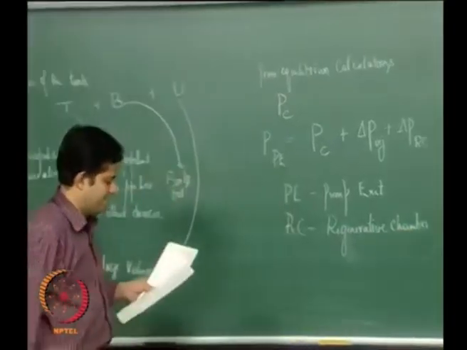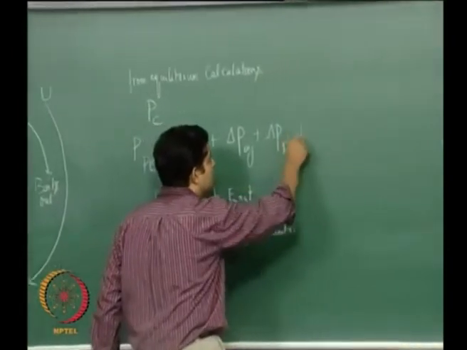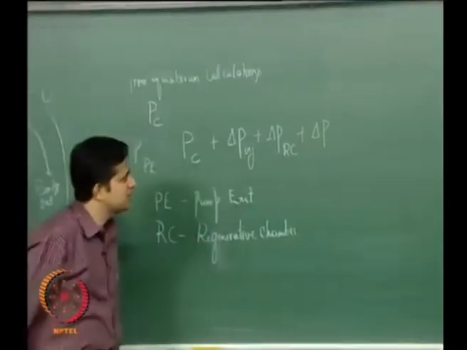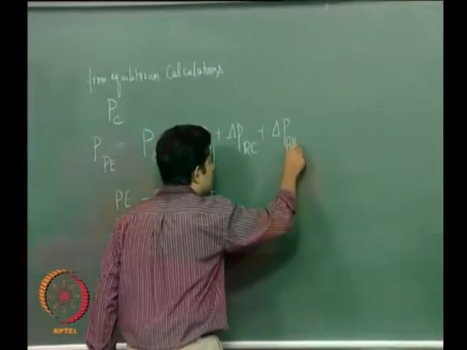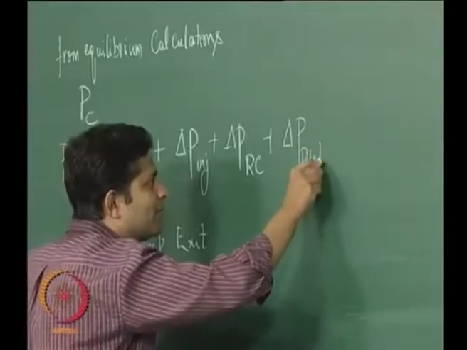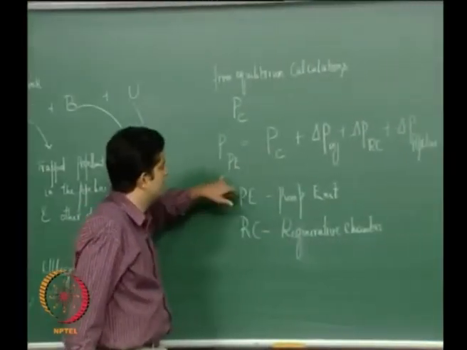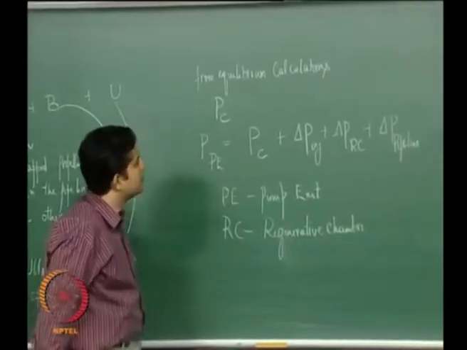Okay. Then in addition to this, there is other pipeline through which there can be pressure loss. So, there is a delta P. Okay. So, if we know all this, then we can calculate what is the pressure required at the pump exit.